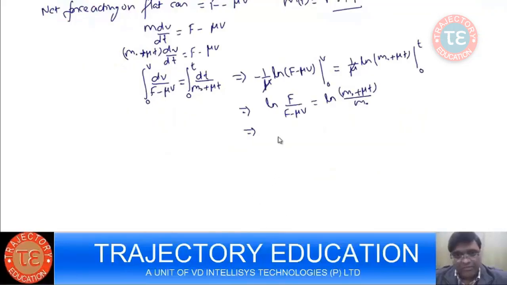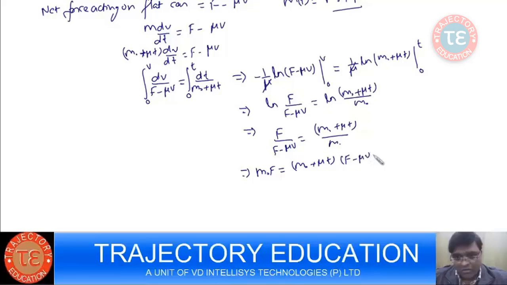So this comes to be F upon F minus mu v equals m0 plus mu t upon m0. So m0 F equals m0 F minus mu m0 v plus mu F t.